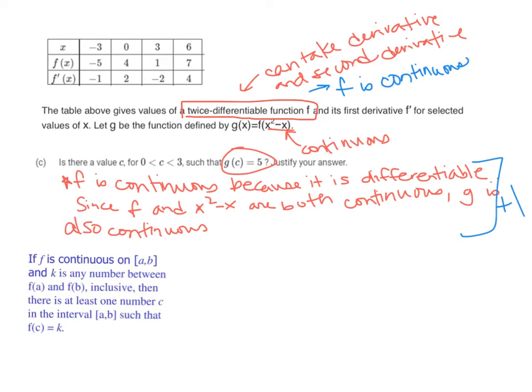So this is the intermediate value theorem. We've already established that the function g is continuous. The next thing you need to do is figure out your g values of the two endpoints, and those are going to be 0 and 3.